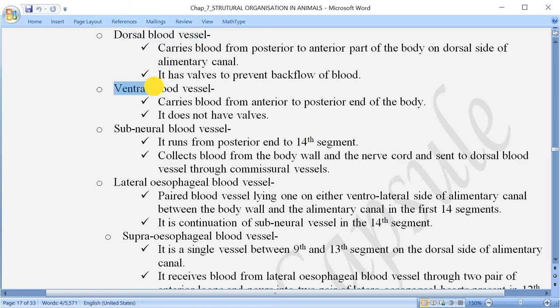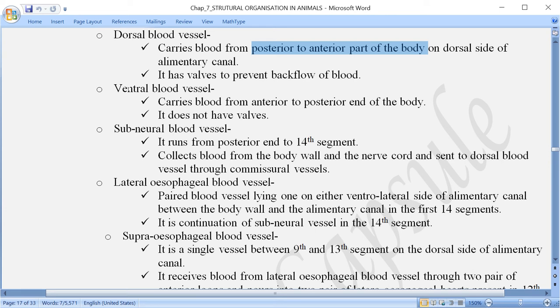In the second one, the ventral blood vessel, this is doing the opposite. This is taking the blood in the opposite direction, means it carries the blood from the anterior to the posterior end of the body. What I said for the dorsal blood vessel is that it carries the blood from posterior to anterior, on the dorsal side of the body, or let us say the dorsal side of the alimentary canal.